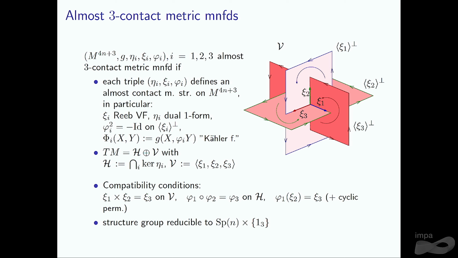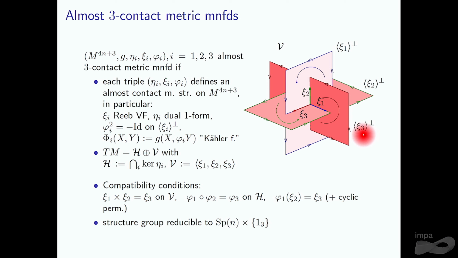Each one defines an almost contact structure on the manifold, which in particular means the ψ_i are the Reeb vector fields, the η_i are the dual one-forms, and the φ_i are an almost complex structure on the orthogonal distribution to the Reeb vector fields.